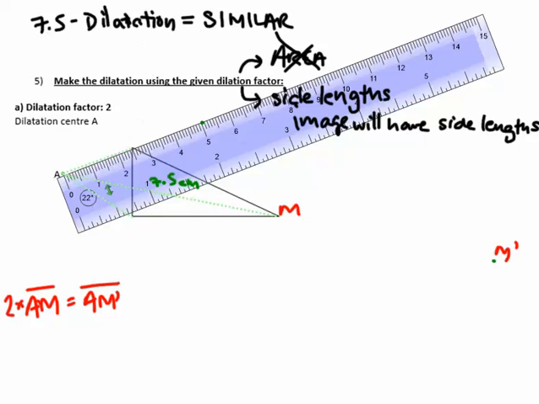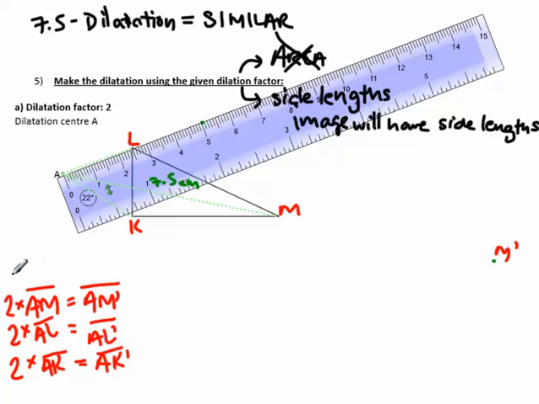And we'll label this point L and this one K down here. So 2 times A to L will give me A to L prime. And similarly, 2 times A to K will give me A to K prime. So this is the dilatation factor, this 2.